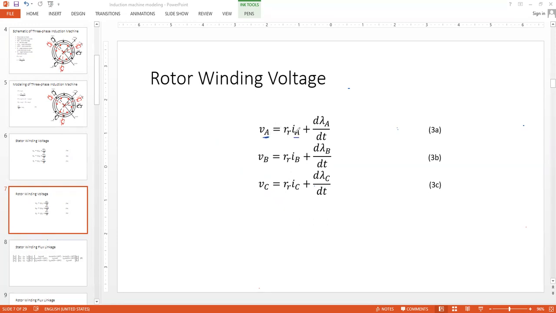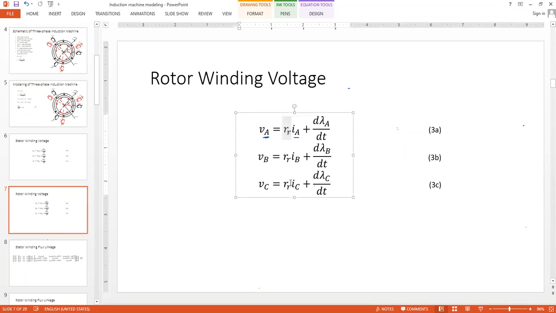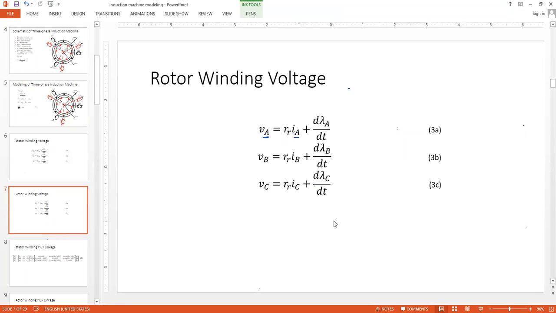Now you have capital letters. Again, the rotor is getting induced current and induced voltage. VA equals RR IA, where all these RRs are simply the rotor resistance, and the remaining parts are the flux linkages. We are always using capital letters for rotor quantities.